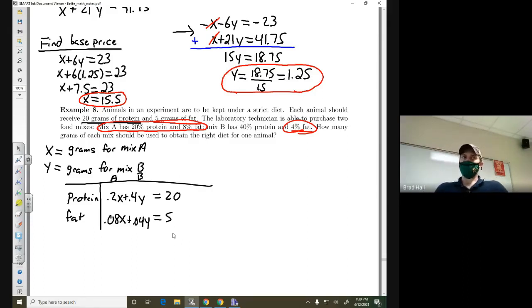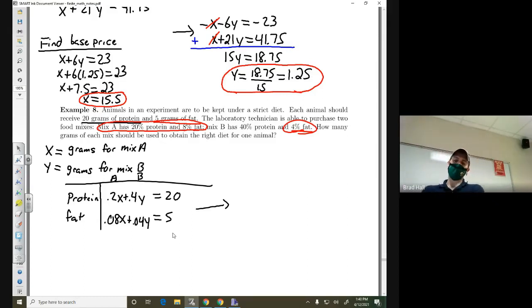So ultimately, we're setting up a table of these values, but doing this in a specific way to where we can identify what the unknowns are and solve for them. So we have this system of linear equations now. The question is, how do we solve it? I would suggest using the elimination by addition method.